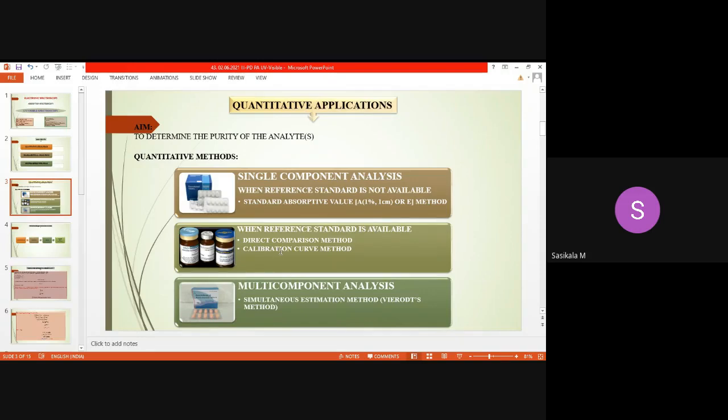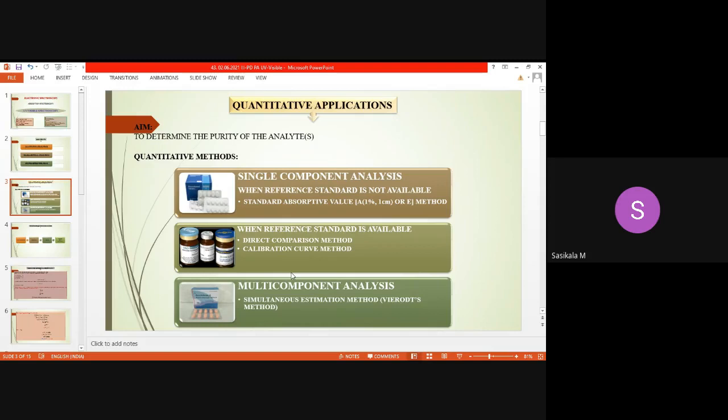Calibration curve, even this you should have done in third year. By means of a graph you should have plotted a calibration curve, right? I told you in the last class also, quantitative analysis by plotting a standard curve, the calibration curve method. So what is a calibration curve? We plot a quantitative graph taking absorbance on the y-axis and concentration on the x-axis, concentration versus absorbance.